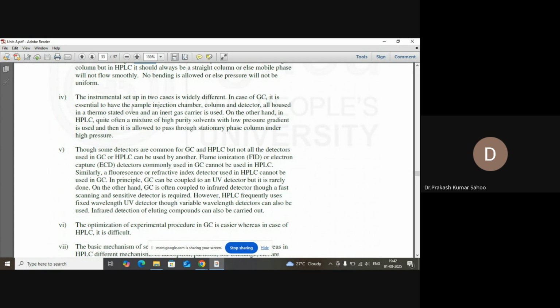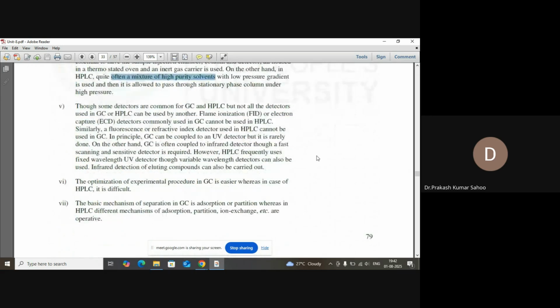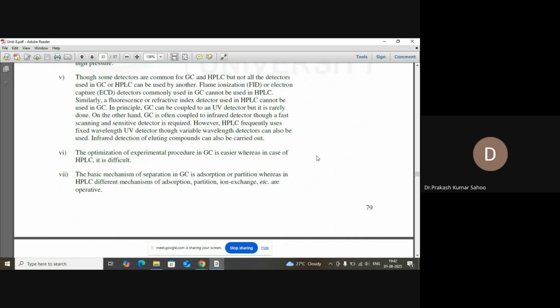In GC, it is essential to have a sample injection chamber, whereas in HPLC, often high purity solvent is used and generates a pressure gradient, and after that the sample is injected. Though some detectors are common for GC and HPLC like FID and ECD, HPLC has a wide range of detectors which detect various components.